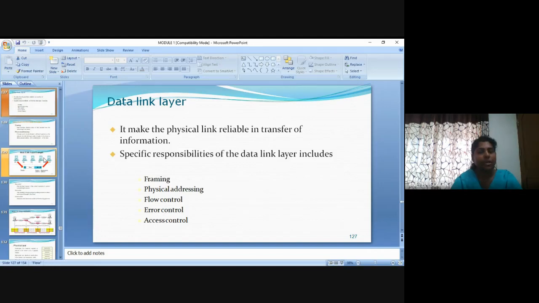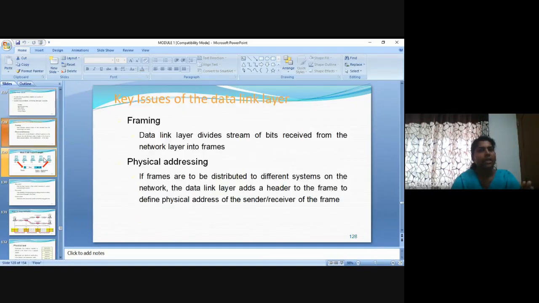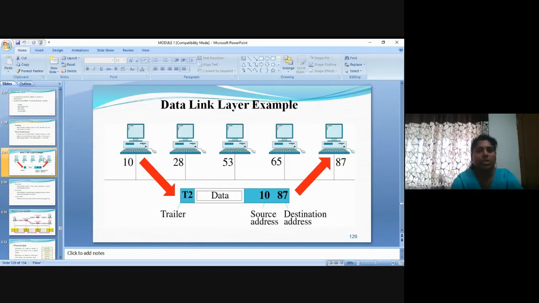Now, access control means if many devices are connected, who has the chance to transmit at a particular time? That function is done by the data link layer. This is just an example. I have a node address called 10 and I have to transmit the data to node 87.